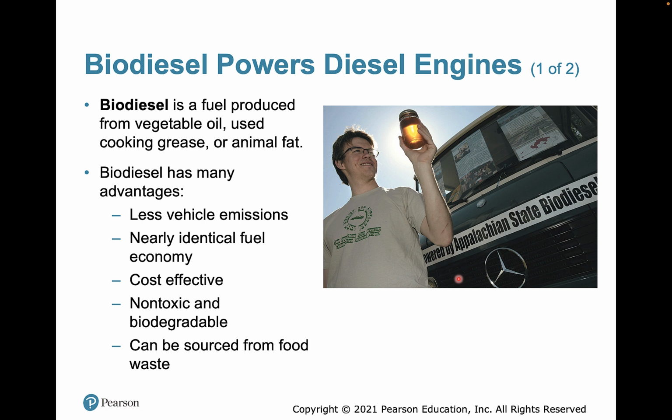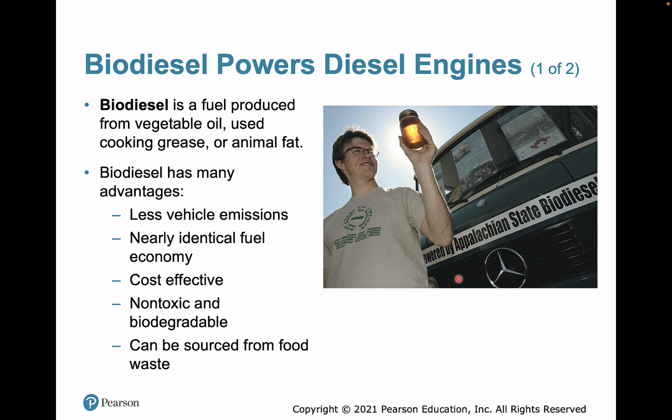When you go to a fast food restaurant, you'll see that their grease dumpster typically has a lock on it, because when biodiesel first became a thing, a decade ago or more, people were going to the waste oil dumpster and siphoning it out to get the oil, the used cooking grease, to make biodiesel. They were stealing it. So, they've since locked that down.